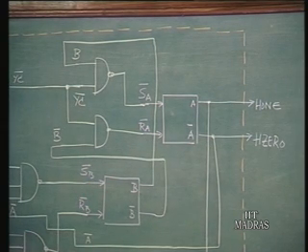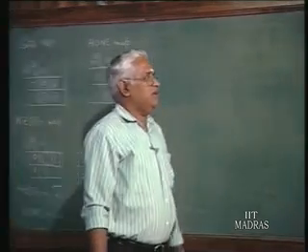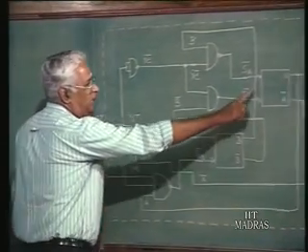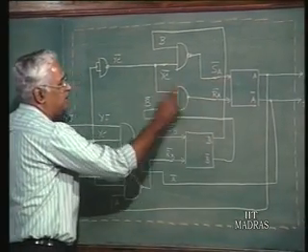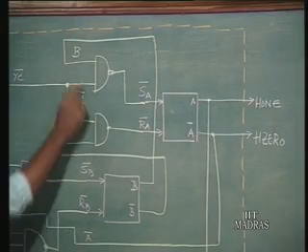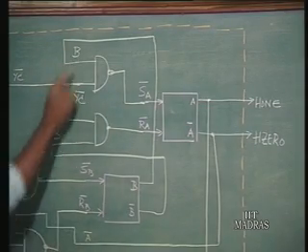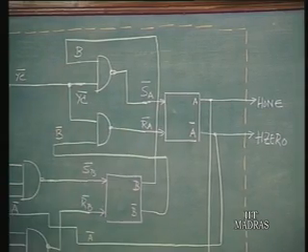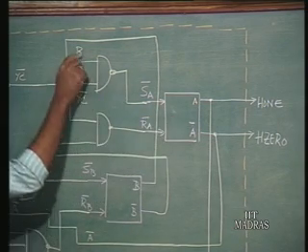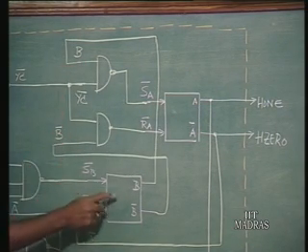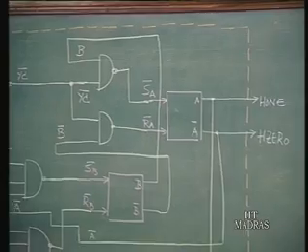As you can see here, look at the inputs of A: clock is there, and then the state of B alone decides the state of A. So, A follows B and B follows the inputs.